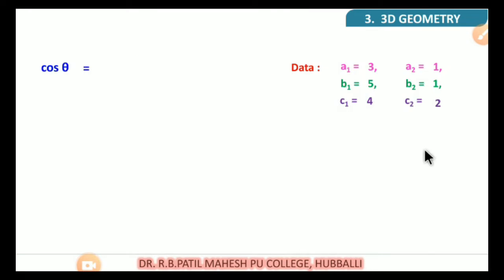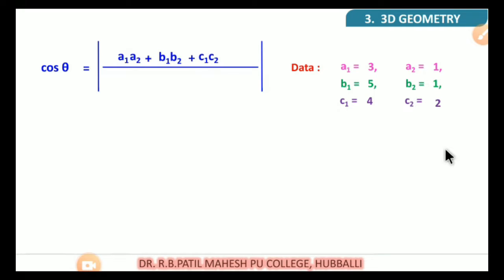Now write down the formula for cos theta, that is equal to whole modulus of A1 into A2 plus B1 into B2 plus C1 into C2 divided by square root of A1 square plus B1 square plus C1 square into again square root of A2 square plus B2 square plus C2 square. So it is the Cartesian form of this cos theta value.